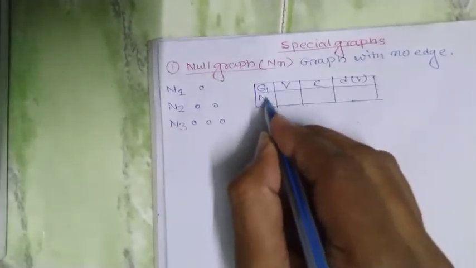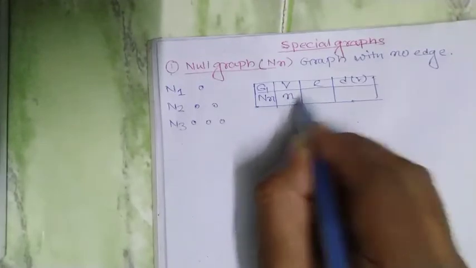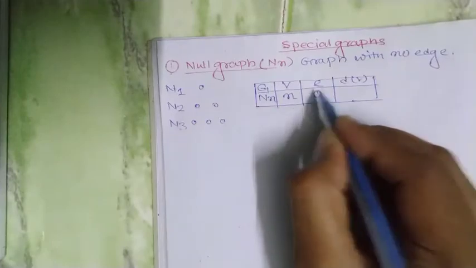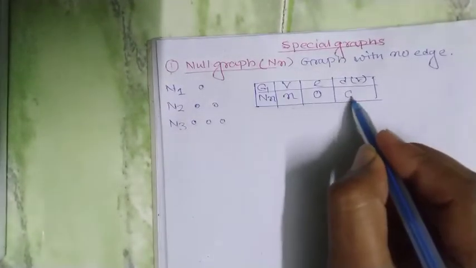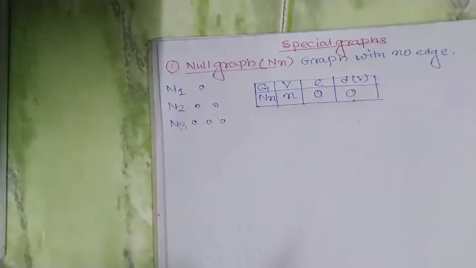This is known as Nn, and it has n number of vertices and the number of edges is 0. And what is the degree of every vertex? 0, because no edge is adjacent to it. So this is the null graph.